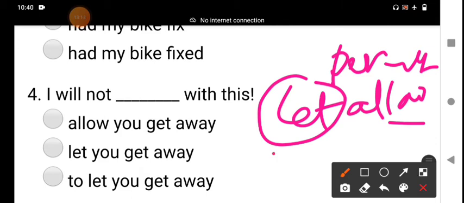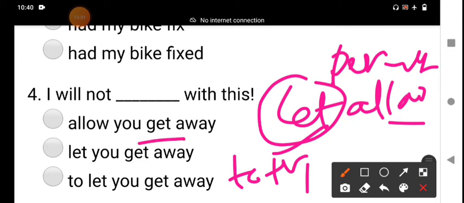Let is also a causative verb. With allow and permit, we use the to infinitive, to plus V1. With let, there is no to infinitive; we use the bare infinitive. If we select allow, what is the construction?